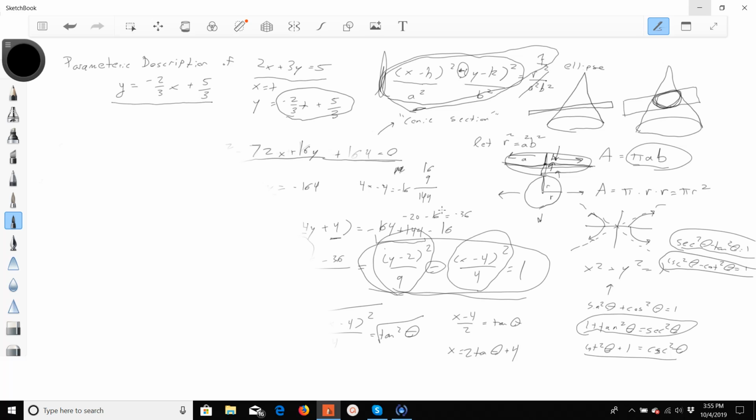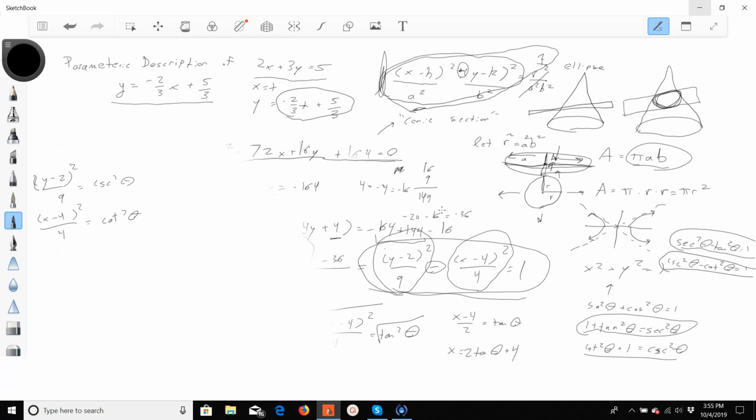So now, in this particular time, I'm going to let (y minus 2) squared over 9 be equal to cosecant squared theta, and (x minus 4) squared over 4 equal to cotangent squared theta.